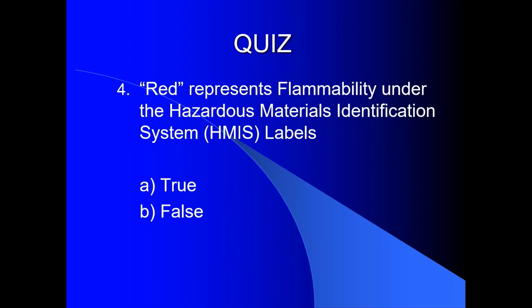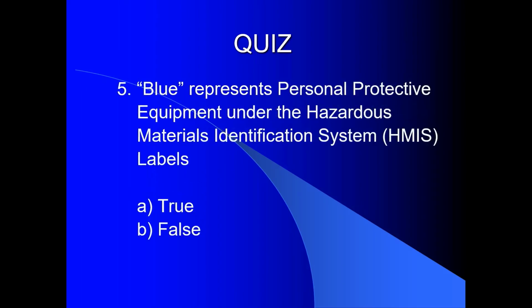Question 4. Red represents flammability under the Hazardous Materials Identification System HMIS labels. That is A, true, or B, false. Question 5. Blue represents personal protective equipment under the Hazardous Materials Identification System HMIS labels.